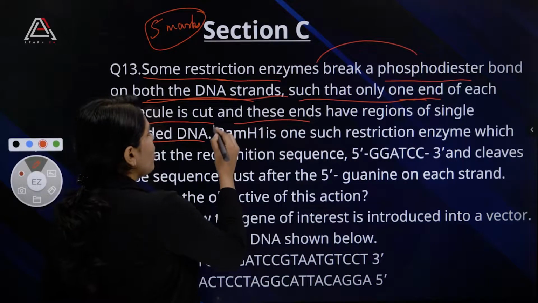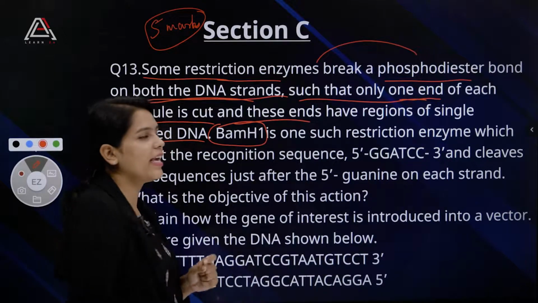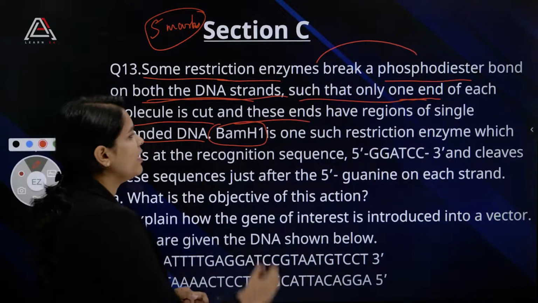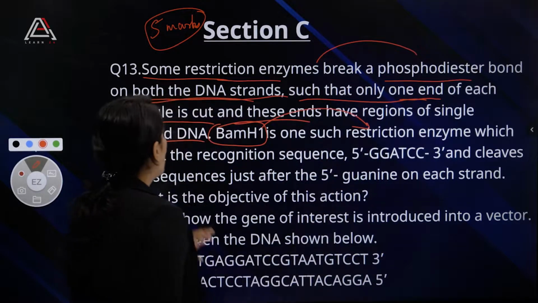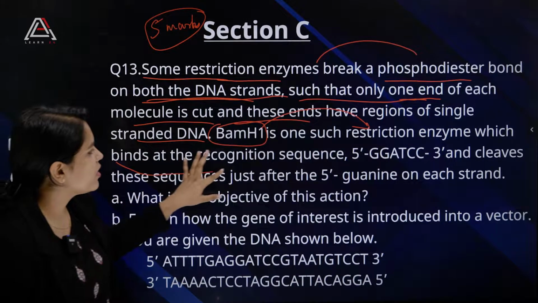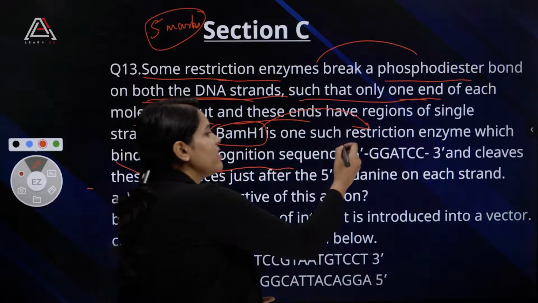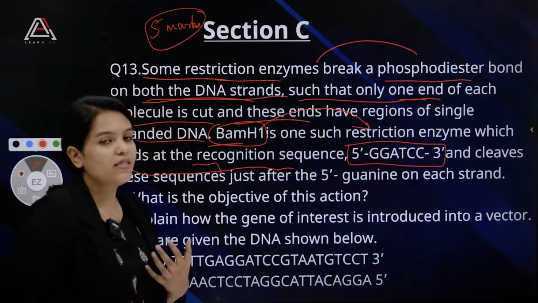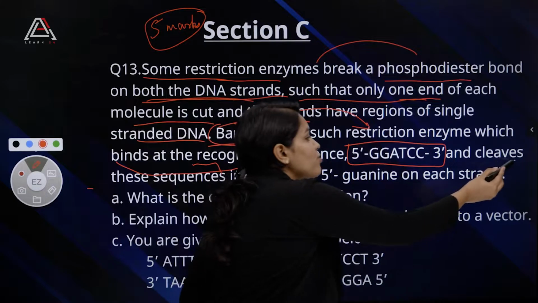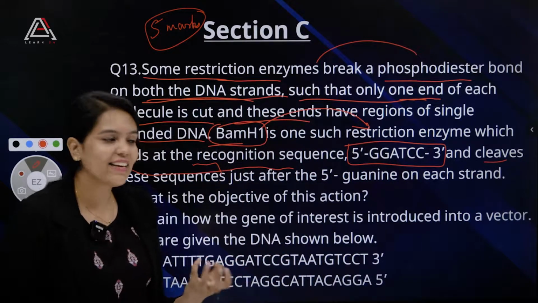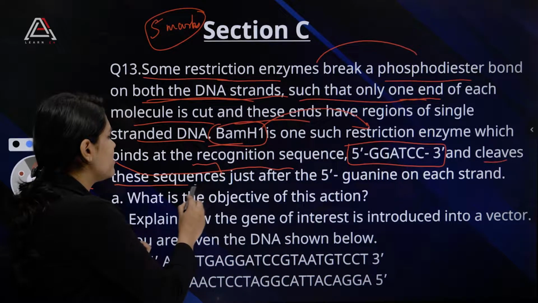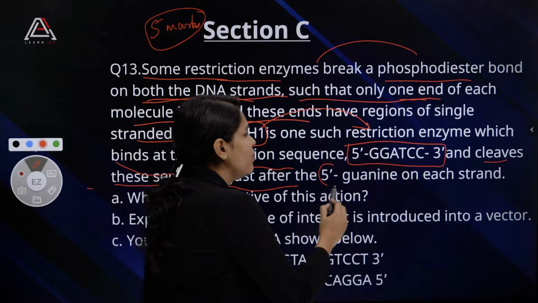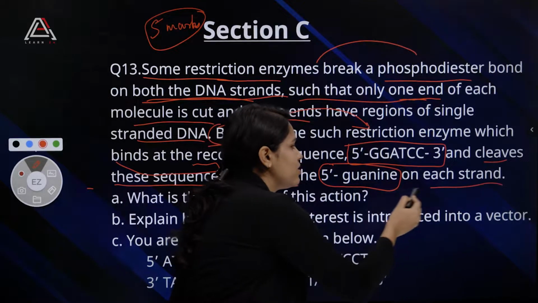Next part, they are talking about BamH1. BamH1 is basically a restriction enzyme which binds to the recognition sequence. They have given the sequence in which this restriction enzyme works, and also tell how it is cleaving. It cleaves the sequence just after the 5' guanine on each strand.